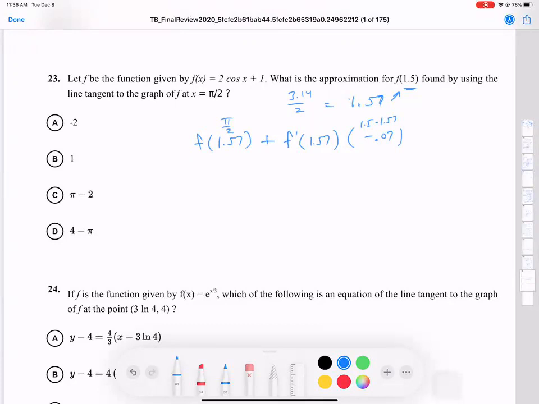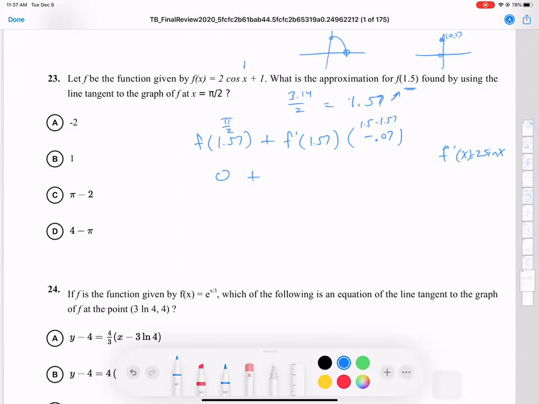So a couple of these things, we can take the derivative pretty easily. The derivative of 2 cosine, f prime, is going to be negative sine of x. If we plug in pi over 2, the cosine of pi over 2, if you remember, at pi over 2, it's going to be 0. Okay, if you look at a unit circle, pi over 2 is up here, the cosine is 0, right? 0, comma 1. So it's going to be 0 plus the derivative.